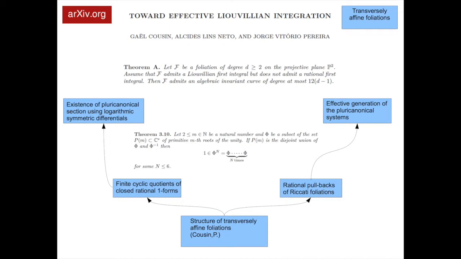So I have a question about theorem A. So you started with discussing linear differential equations for which all solutions are algebraic. But now you have a second order differential equation, right? And you're talking about a relation between. No, it's first order. It's a vector field.